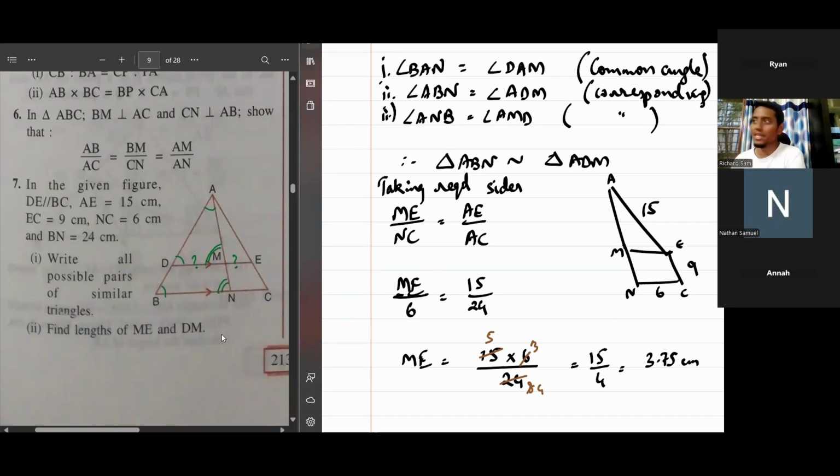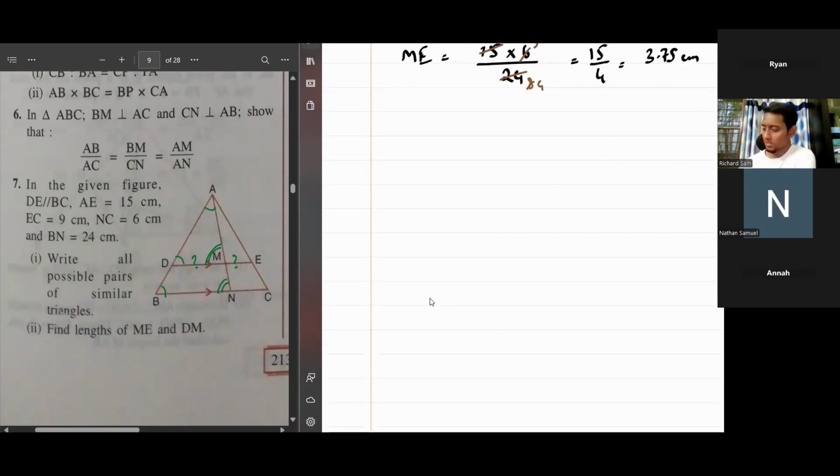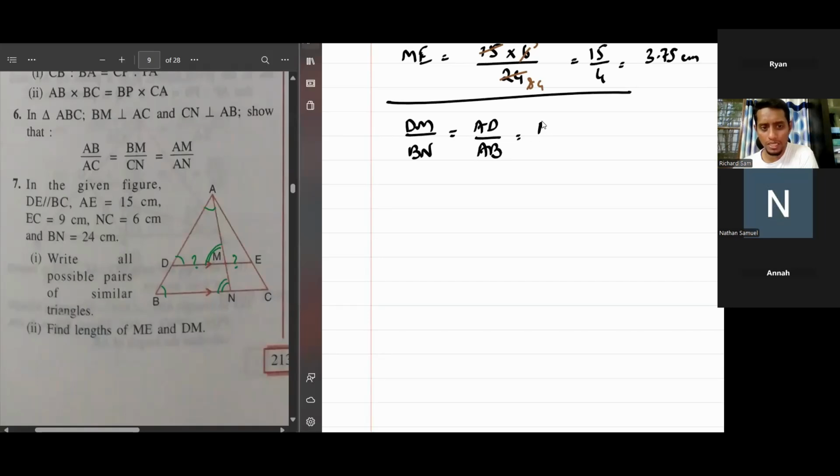Okay, did you all get DM? No? Why? What's the doubt? Only one value is there? Okay, so tell me what is the formula? What is the ratio? DM upon BN is equal to AD upon AB, which is also equal to AM upon AN.